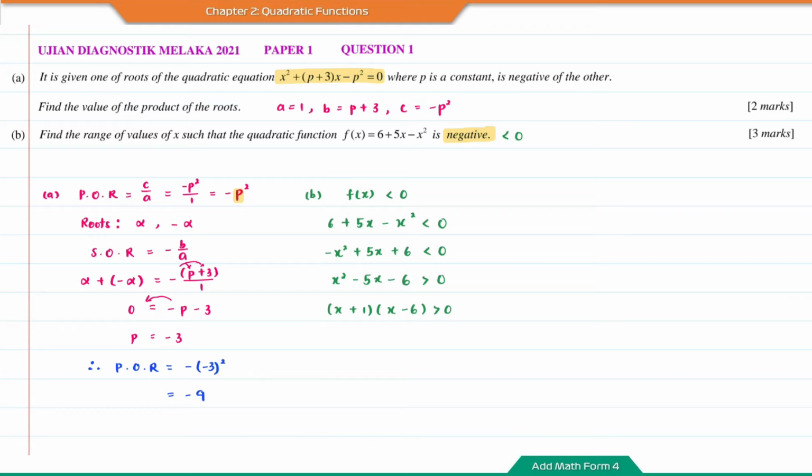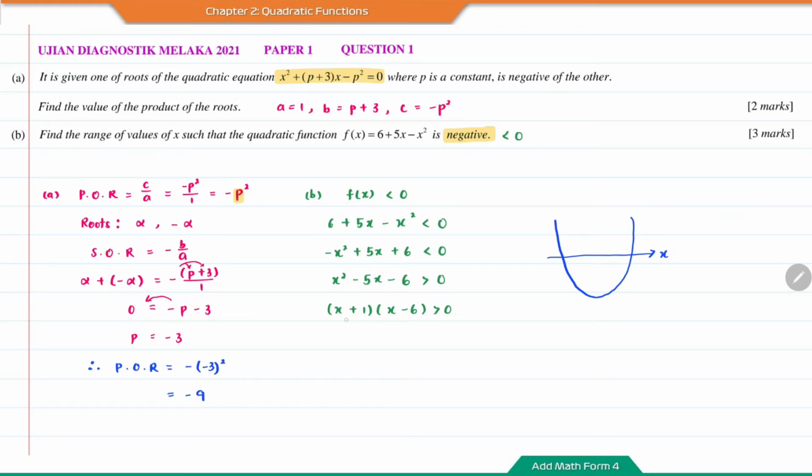Here I'm going to use the graph sketching method. From the factorization part here, we know that the a is positive. Therefore, the graph here is going to be a smiley graph. I'm going to draw a horizontal line here for the x-axis.